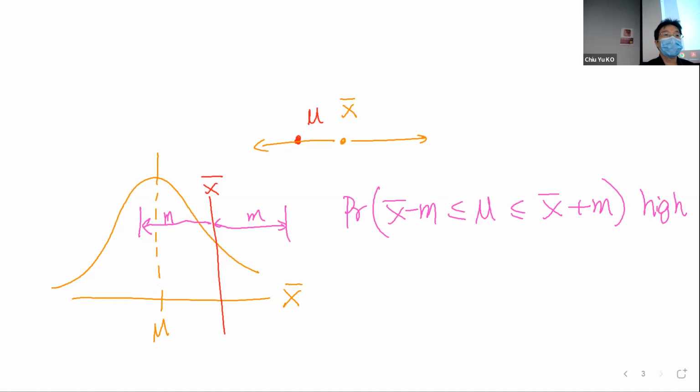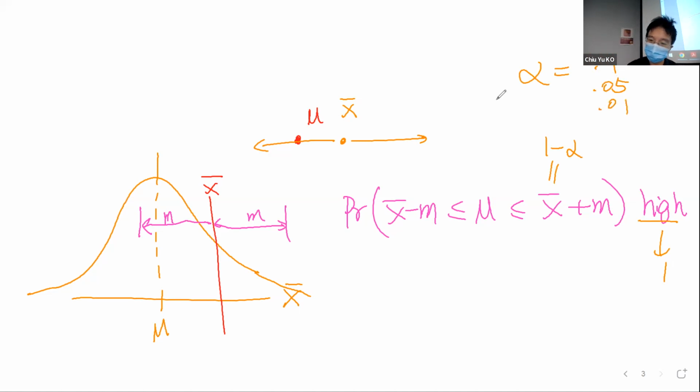And as you know, normal extends to infinity, so this goes to the very end. So this high probability cannot go to 1. If you go to 1, then m will become infinity, because left and right there's no ending point. There's no way you can be for sure. So this probability usually we call 1 minus alpha, and alpha is usually 0.1, 0.05, and 0.01.